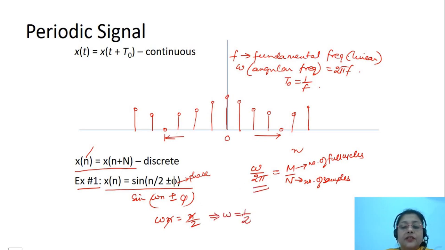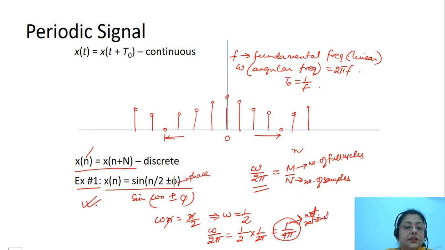Now you have to check this point. So omega by 2 pi will be equal to 1 by 2 into 1 by 2 pi. So it is going to be 1 by 4 pi. Now this is not a rational number. So this is not a periodic signal.